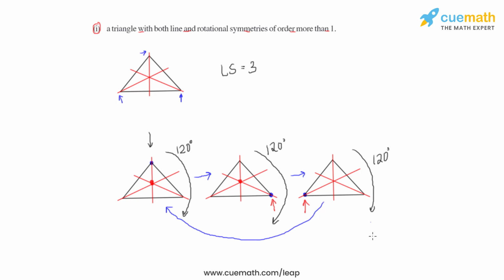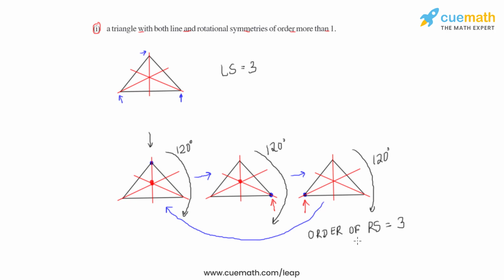So we can say that the order of rotational symmetry for this triangle is definitely 3, because the triangle has been rotated thrice, each time by an angle of 120 degrees, to get the exact same figure every time.